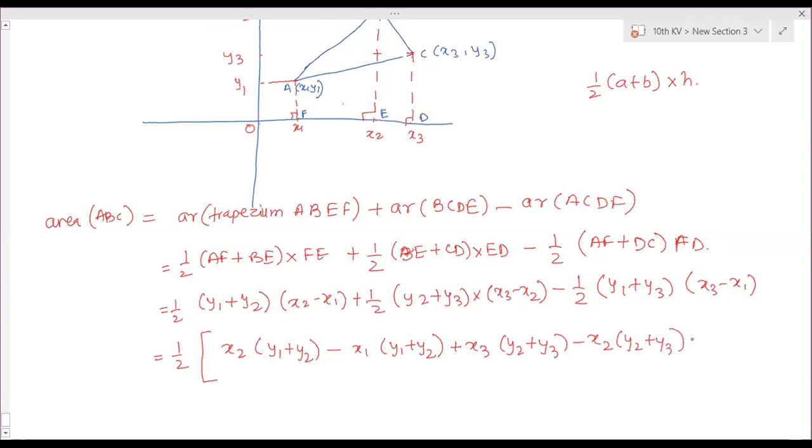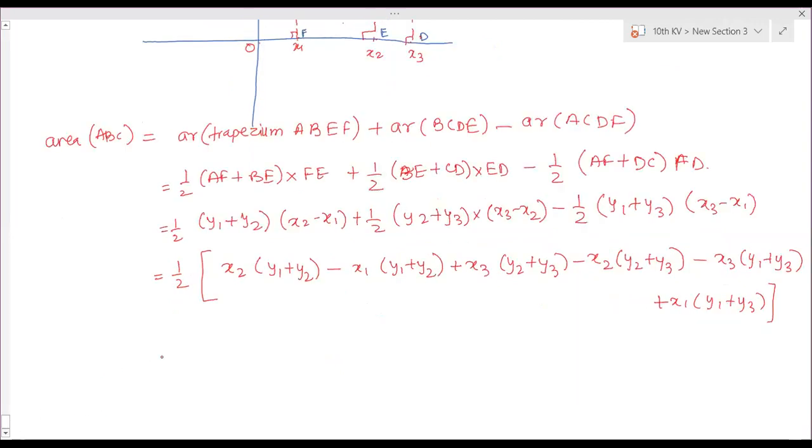Are you able to follow this simplification of what I'm doing? One bracket only I'm opening, I'm not opening both the brackets. Could you understand this part? Yes, ma'am.